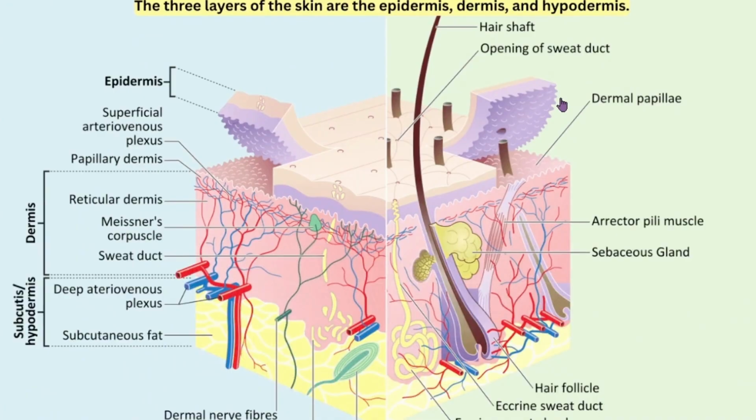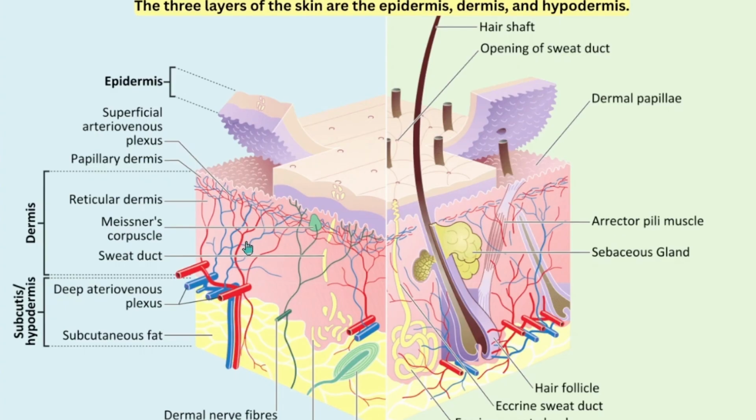As we can see here, we have two plexuses of blood vessels in the dermis: the deep arteriovenous plexus and the superficial arteriovenous plexus.